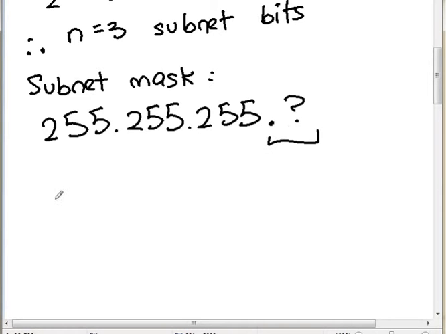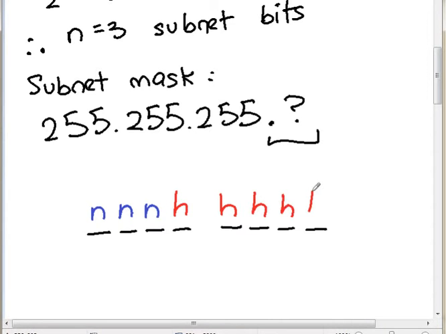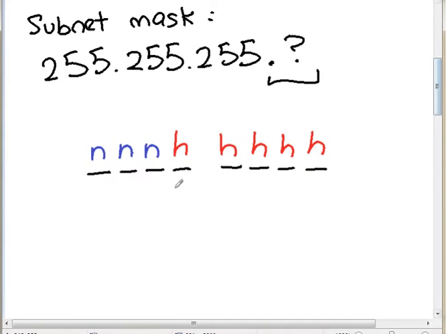So let's break this down again into the separate binary bits. Okay, so we know that we are going to borrow 3 subnet bits, so let's represent them by the n in blue, and we represent the rest of the bits in red for hosts. So now we know that we can actually have a total of 5 bits for the hosts.